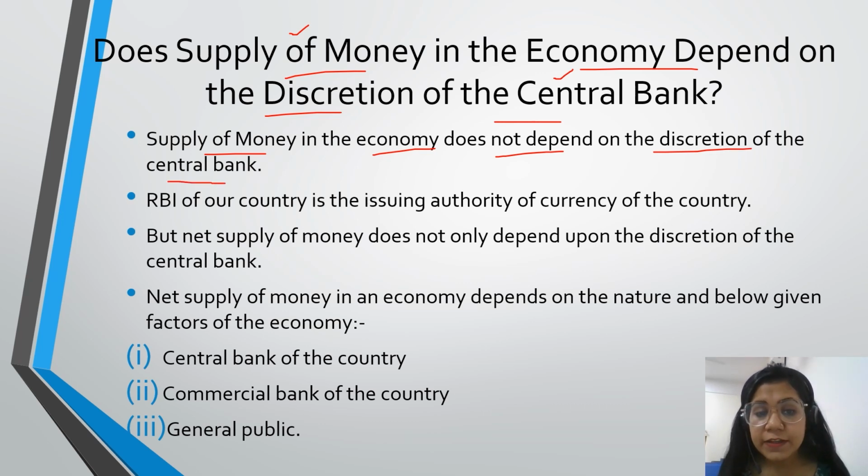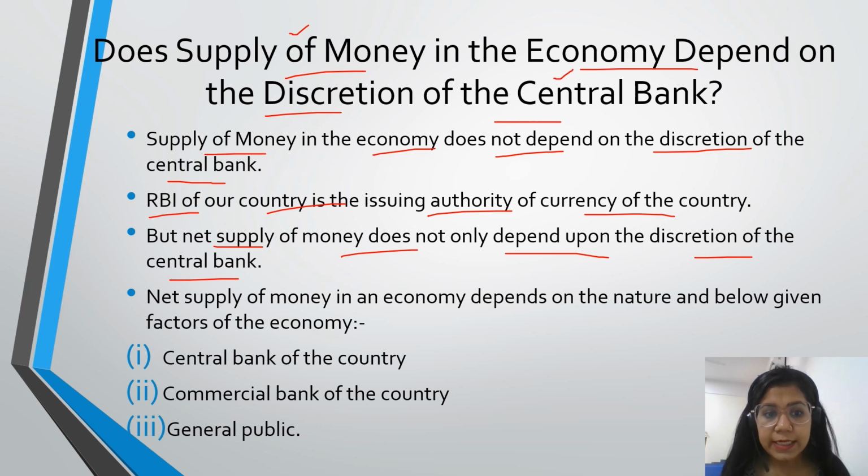In India, our central bank is the RBI, the Reserve Bank of India, the issuing authority of currency of the country. But the net supply of money does not only depend upon the discretion of the central bank.